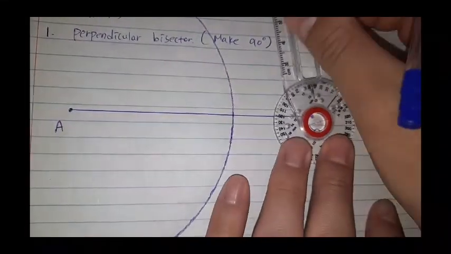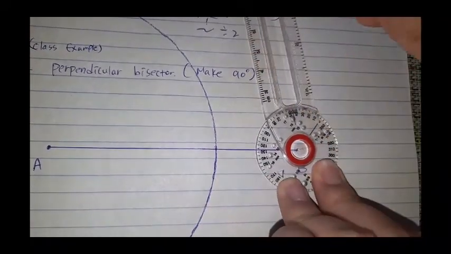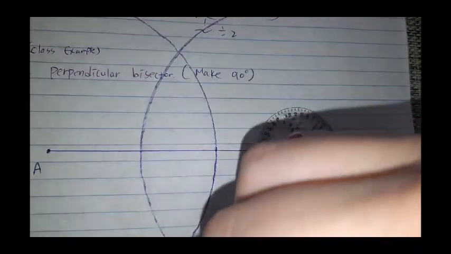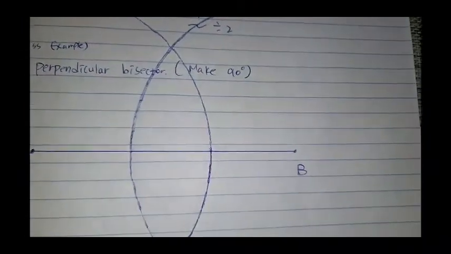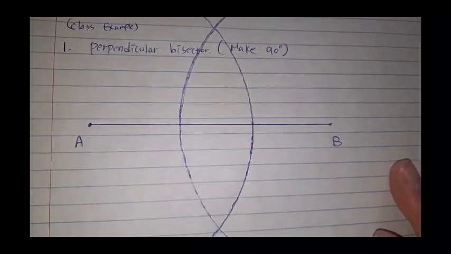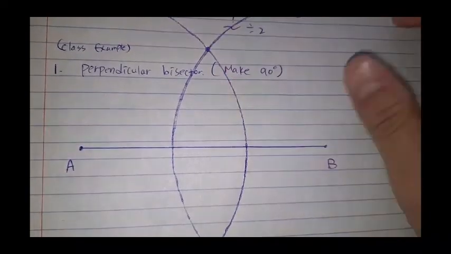Now, another thing is, I'm gonna make a same-sized circle on the other side. And now, can you see that I have an intersection point over here and an intersection point over there?